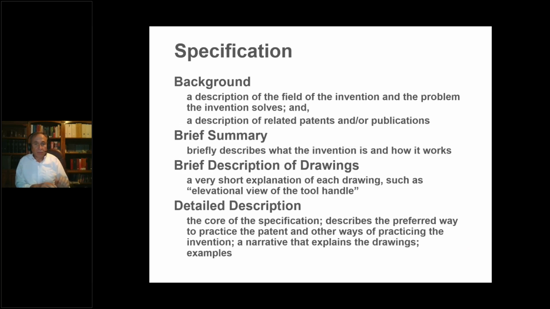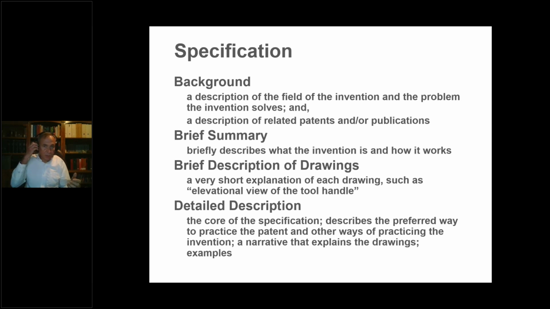Now, by way of review, you will recall perhaps that the specification is broken into these pieces: a background, which kind of gives you the feel or the area that the technology is concerned with; a brief summary, which is supposed to be very clear and not legalese and talks about this particular patent and what the invention is supposed to be; description of the drawings, which may be missing; and then finally the detailed description.